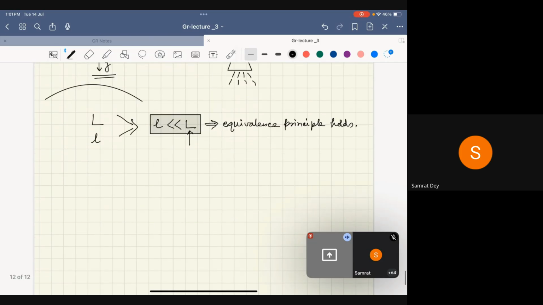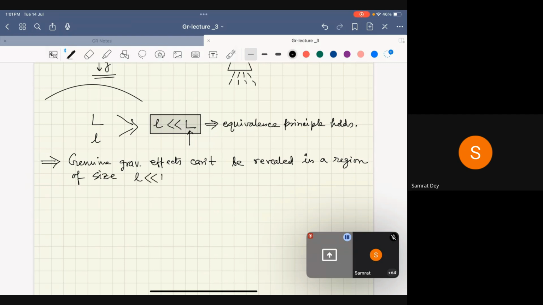So the ultimate conclusion of all this discussion is that any genuine gravitational effect cannot be revealed in a region of size small l, which is much less than capital L. So that is what this means.